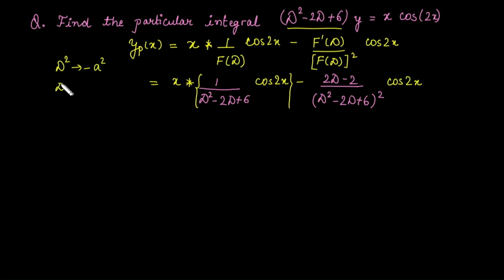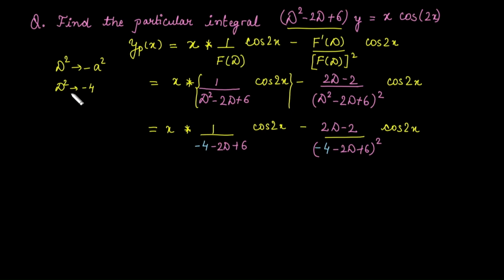So replace D squared by minus 4. After substituting D squared with minus 4 we have this form, and the rest of the terms are as they are. Then simplify this: minus 4 plus 6 is 2, and in this case also minus 4 plus 6 is equal to 2. So the simplified form is equal to this.